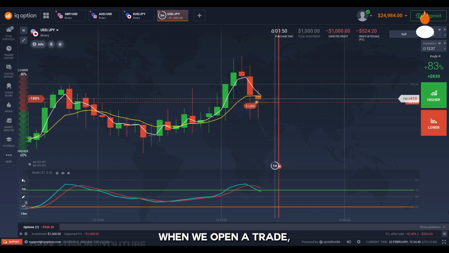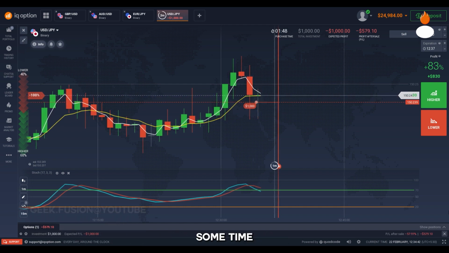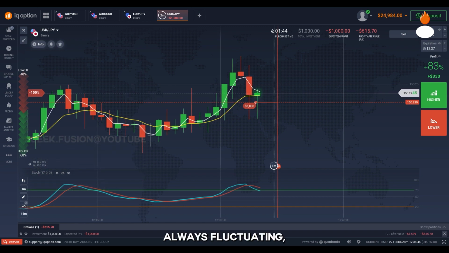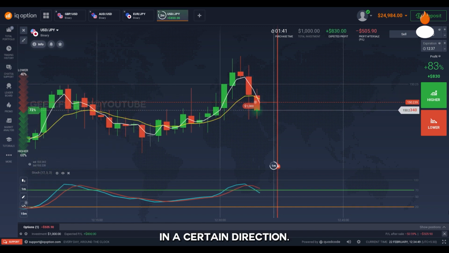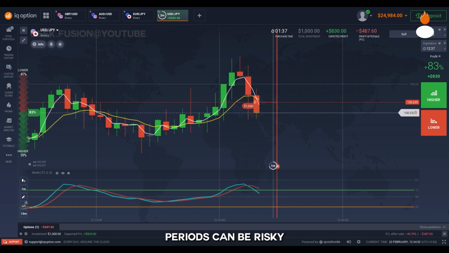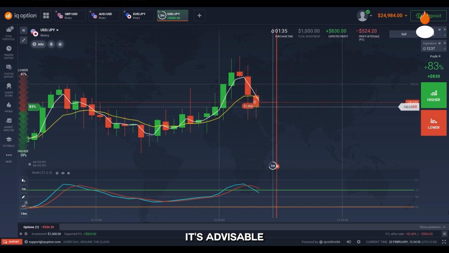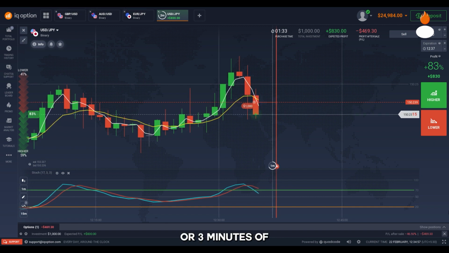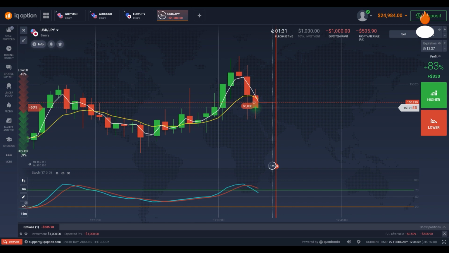I'll reiterate, when we open a trade, we need to allow some time for the market to follow its trend. Markets are always fluctuating, but they tend to move in a certain direction. Hence, opening trades with very short time periods can be risky for this strategy. It's advisable to open a trade with at least 2 or 3 minutes of expiration time.